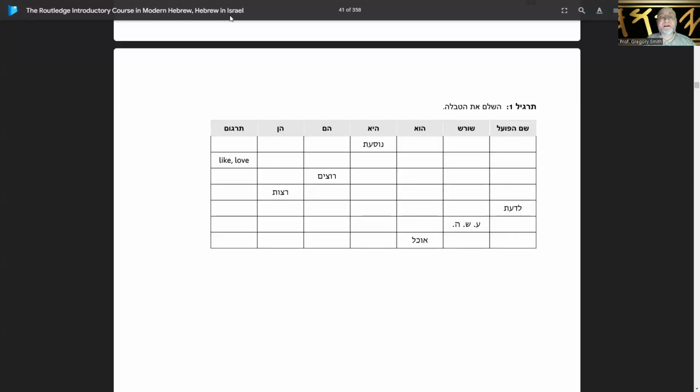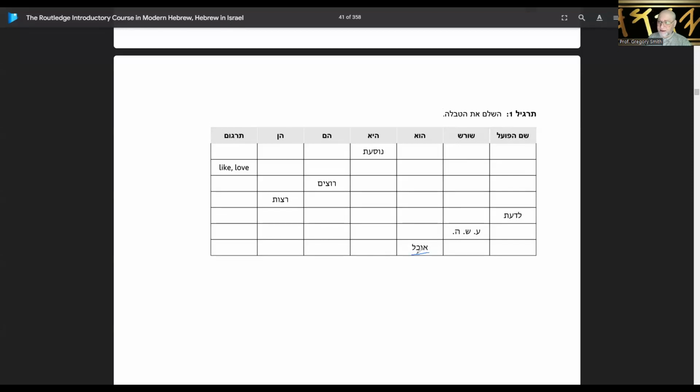And it looks like they're giving us the masculine singular. This looks like ochel, which is he is eating, I believe. Yes, to eat. He is eating. So then what is the Shem Hapuel?